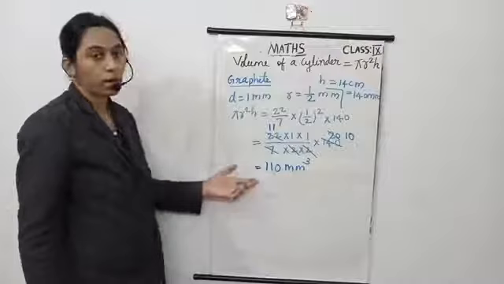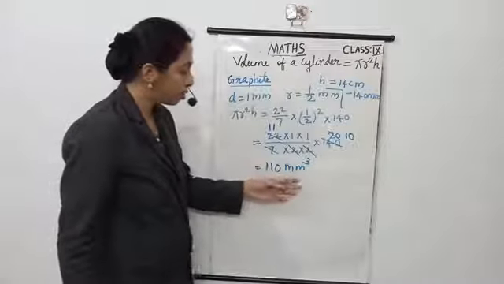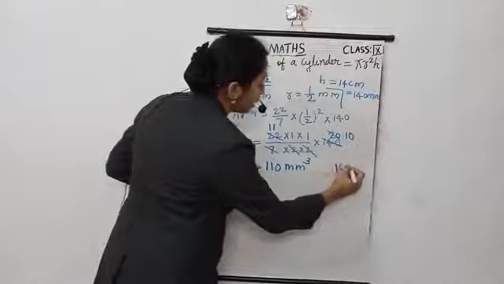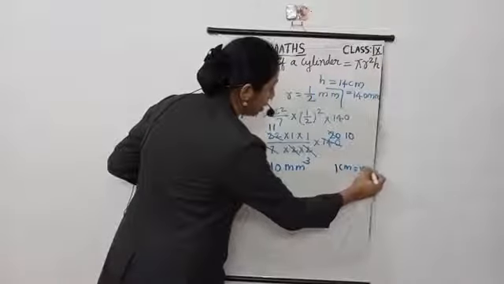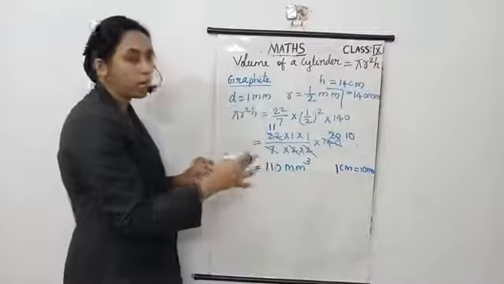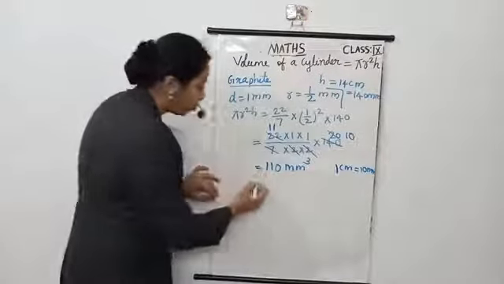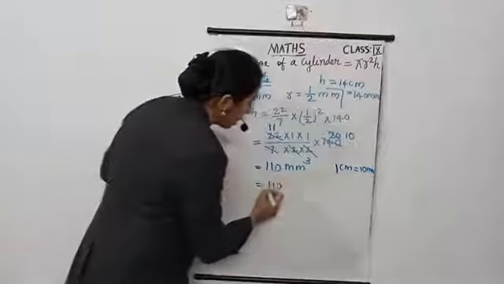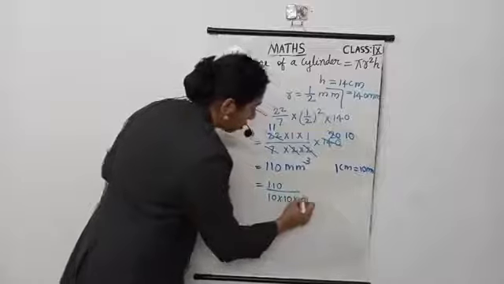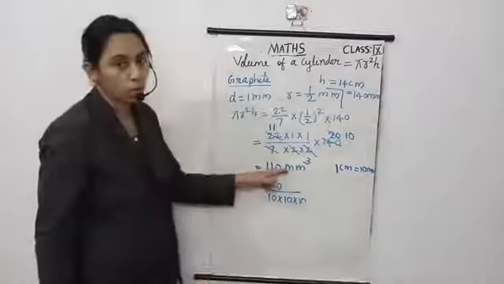Now we need to convert this millimeter cube into centimeter cube. We know 1 centimeter equals 10 millimeter, and here it is millimeter cube, so divide by 10 into 10 into 10, that is 1000.